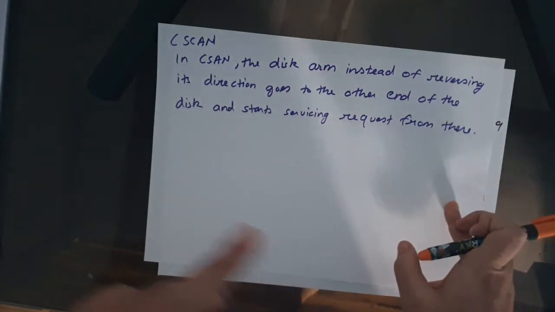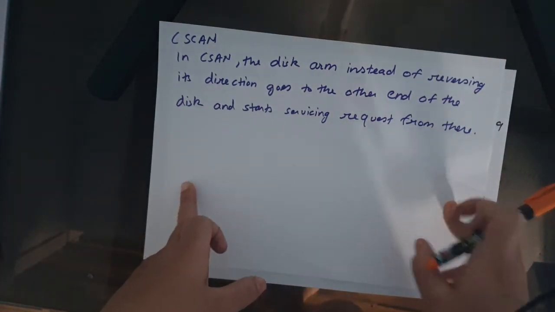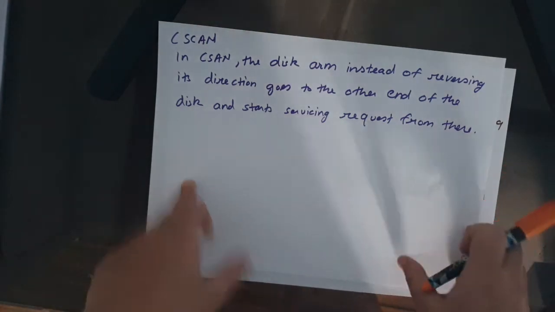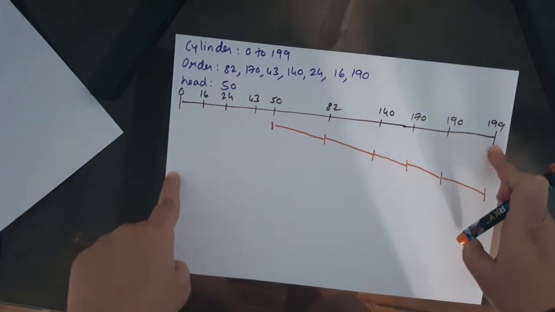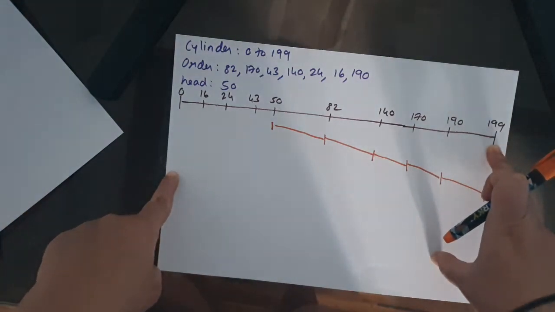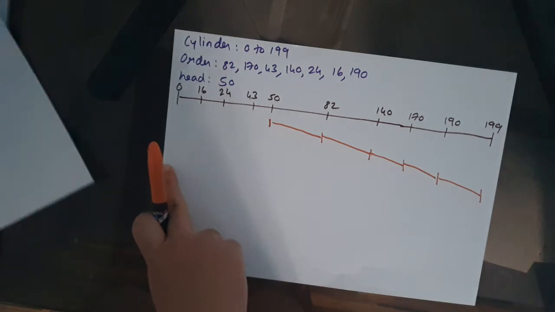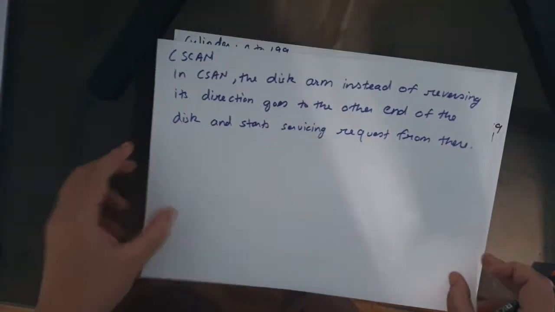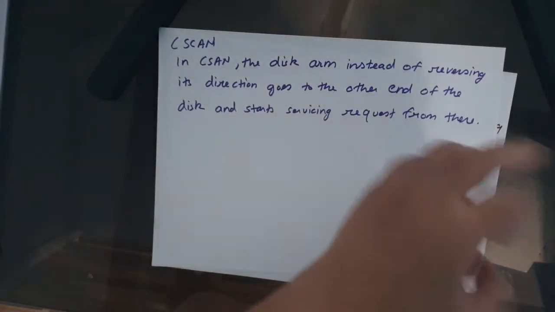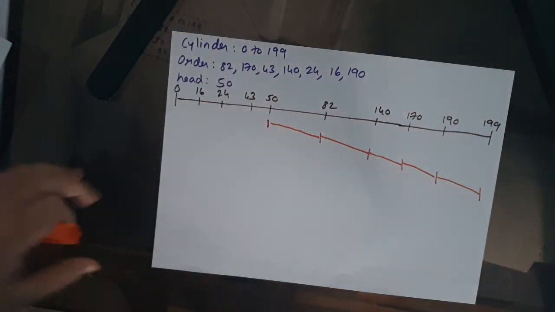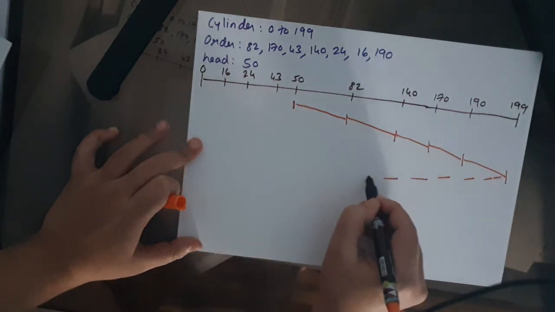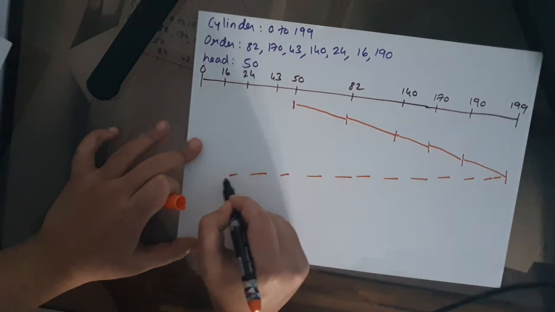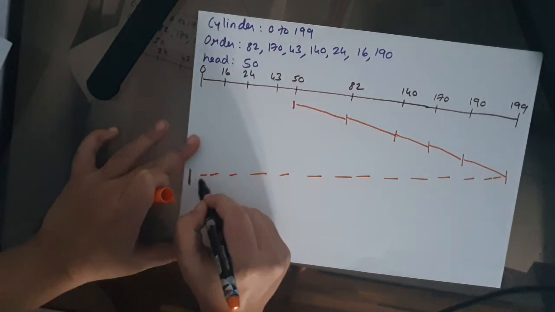From this end you have to go to the other end. If we are on 199, then our other end is nothing but 0 in the case of this cylinder. So we have to go to the other end, that is 0, and then again start servicing the requests from there. So we come over here to 0.